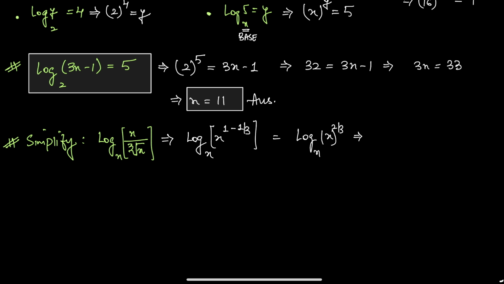Now using the power rule of log, I can write it as 2 by 3 times log x base x. Now we know that log x base x is 1, so your final answer becomes 2 by 3.